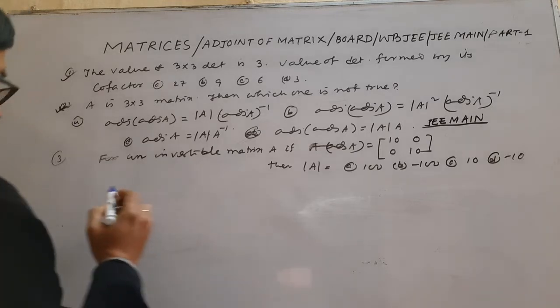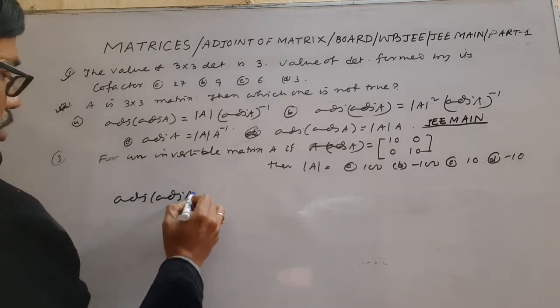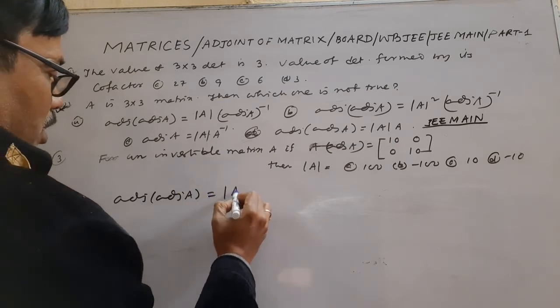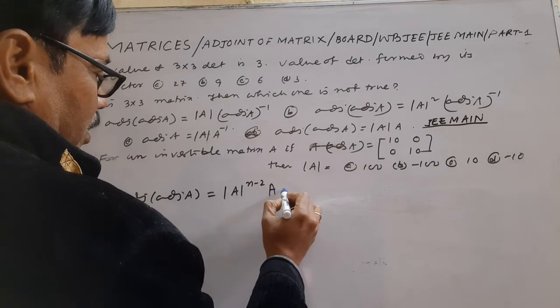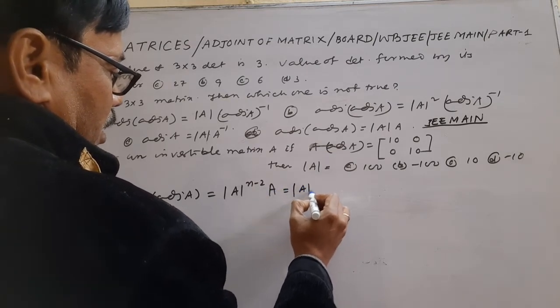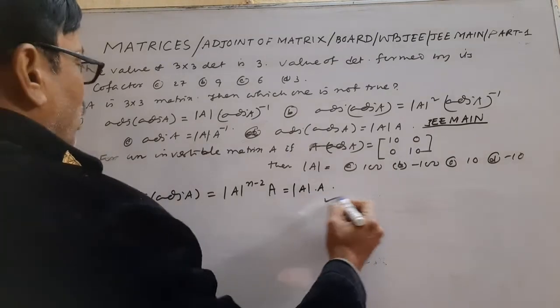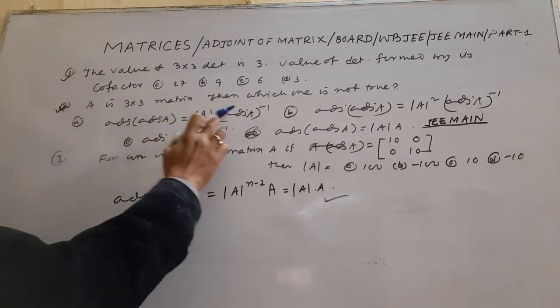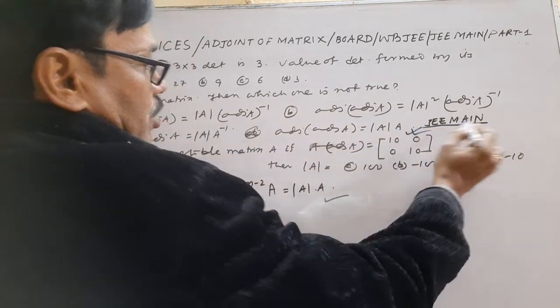Now, adjoint of adjoint. So there is a well-known property, you know, determinant A to the power n minus 2 into A. So determinant A into A. So adjoint of adjoint A, this one is true.